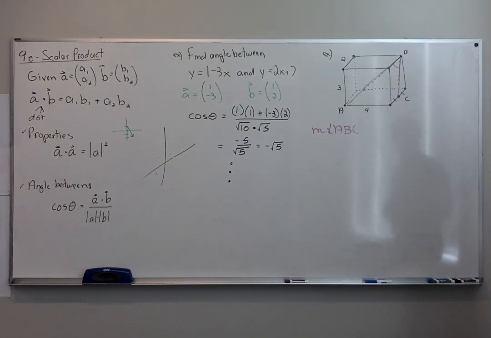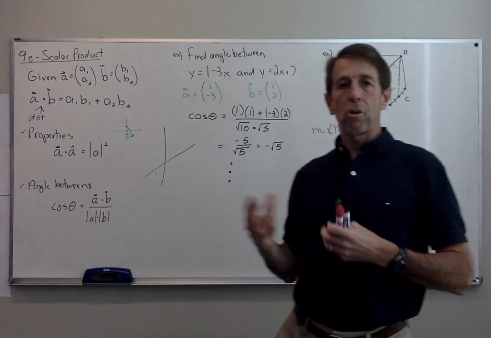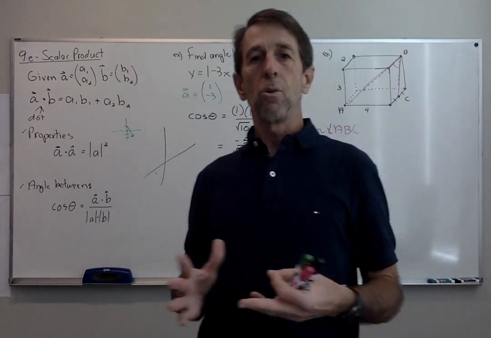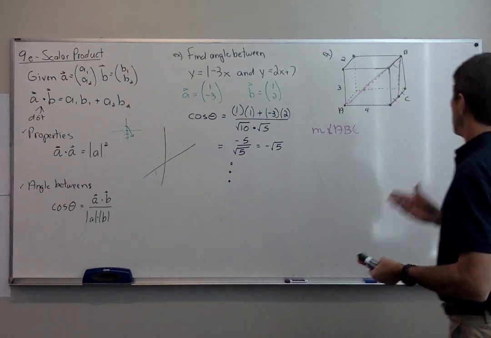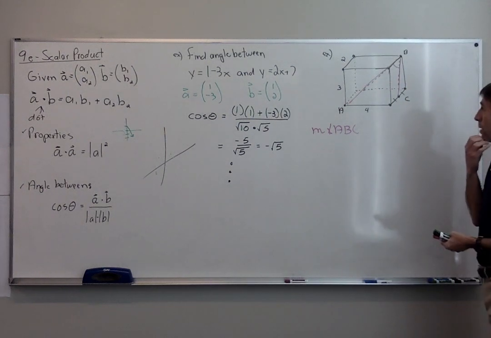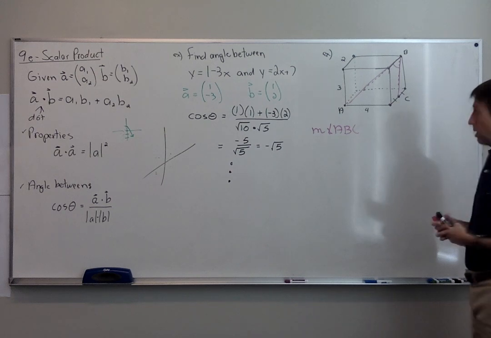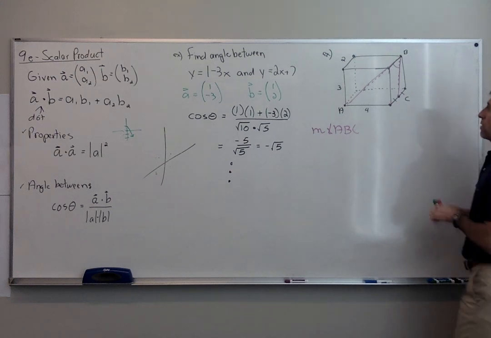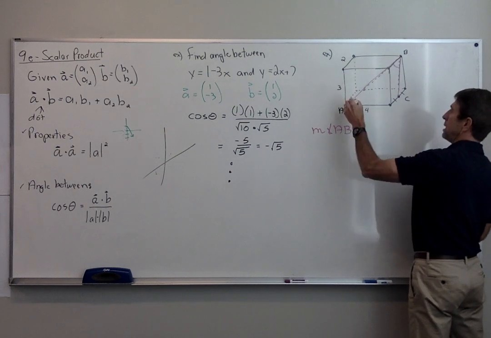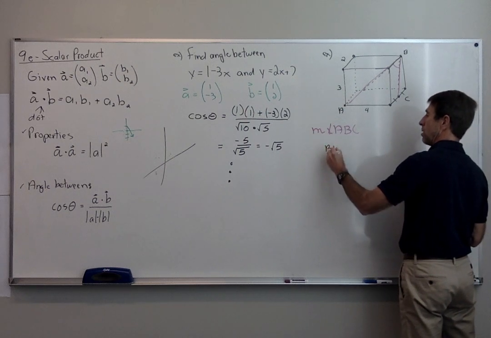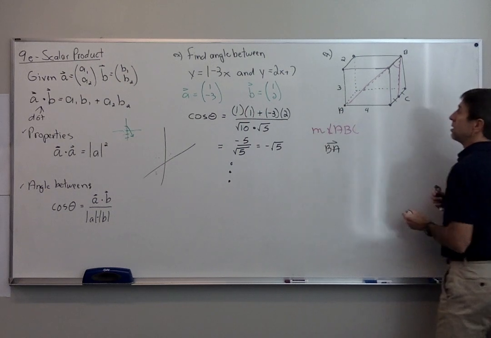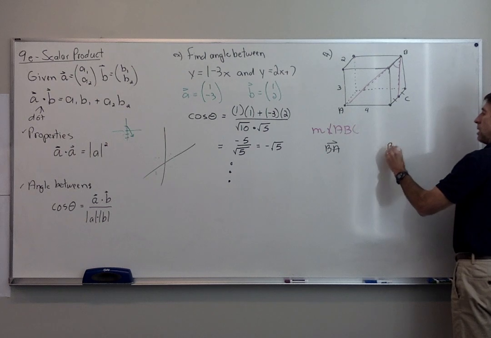Well, your geometry brain might just start finding different sides and try to use the law of sines, law of cosines, and that could definitely be possible, but I'm going to try to live in the vector world and see what vectors would do for us. The first thing I'll do is figure out BA as a vector, and then I'll figure out BC.